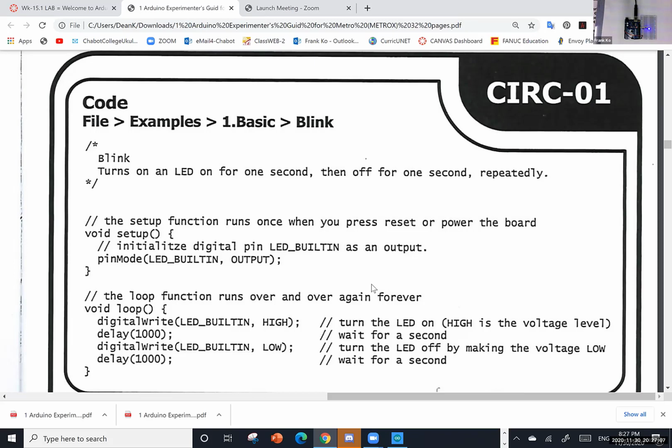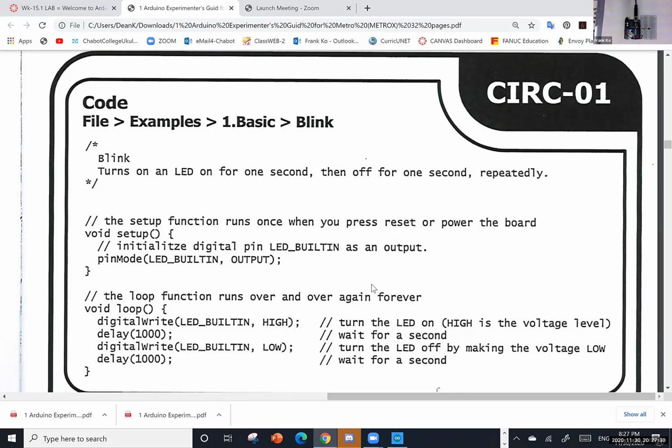When you press reset or power the board, and then you have some things that are happening in here. Double slash, initialize digital pin LED built-in as an output, and this tells us what's going on here. Then you have another double slash, loop function runs over and over again forever.